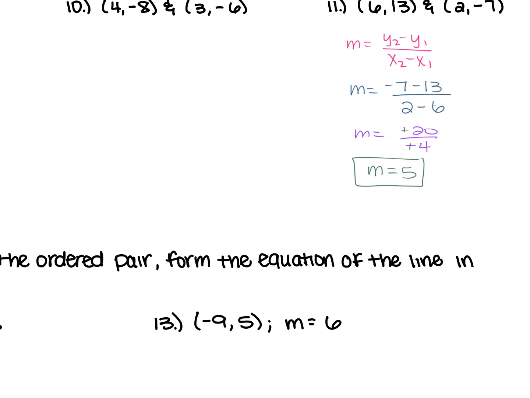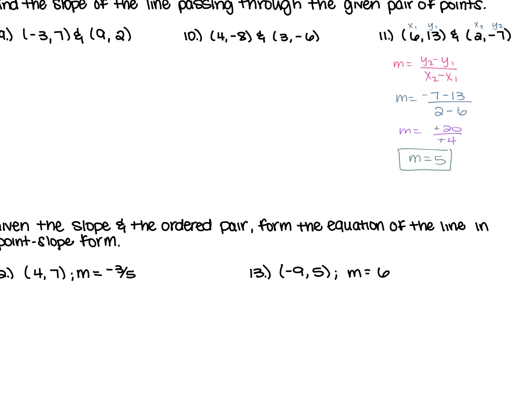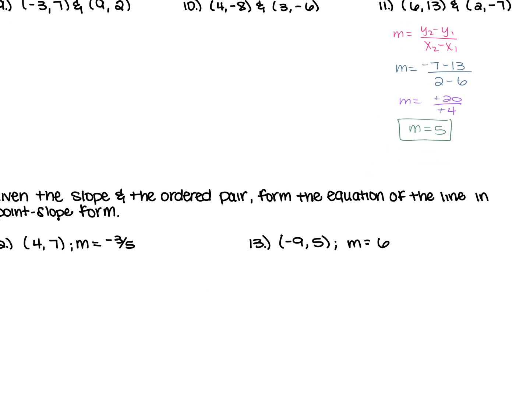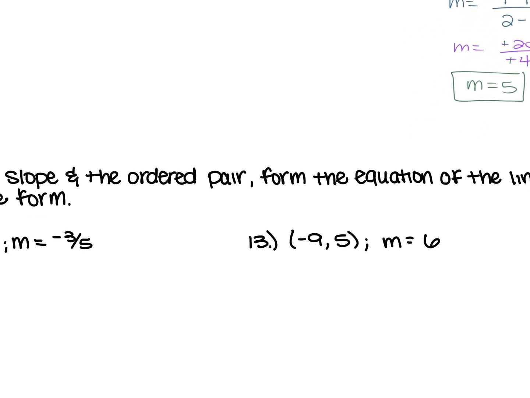For our next questions, we are given the slope and the ordered pair and asked to form the equation of the line in point slope form. If you remember, the equation of a line in point slope form is y minus y1 is equal to m times x minus x1. So if we look at 13, we're given the ordered pair negative 9, 5 with a slope of 6.